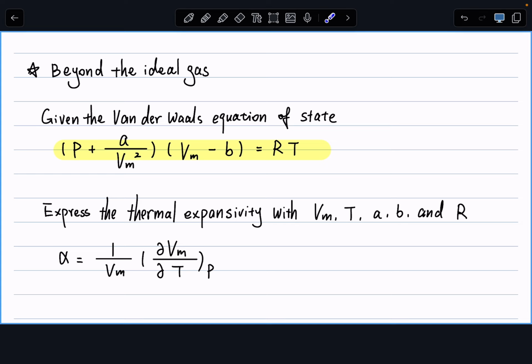We have a way to express what we want, which is the partial derivative of Vm over T at constant P. So that's dVm over dT at constant P, times this first term, which is (Vm minus B) over R, and then the second term here: minus RT over (Vm minus B) squared plus 2A over Vm cubed. And this entire thing gives you -1.